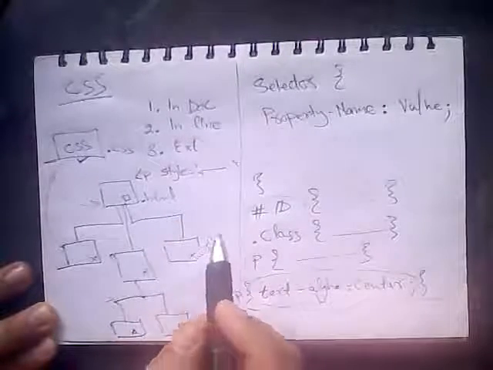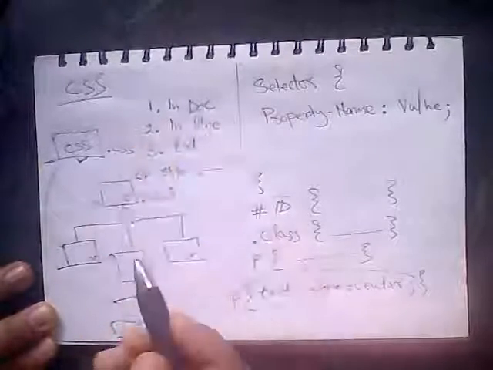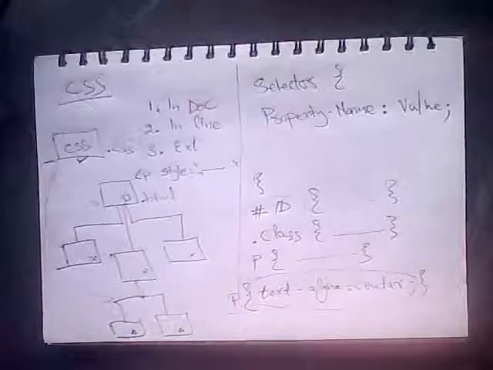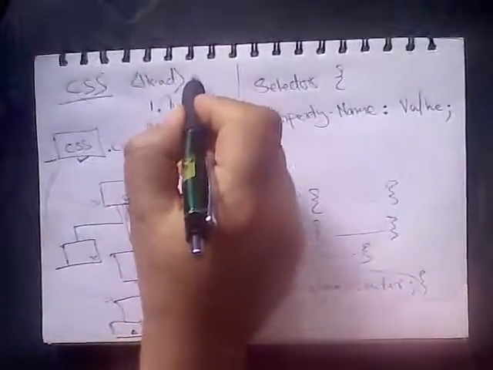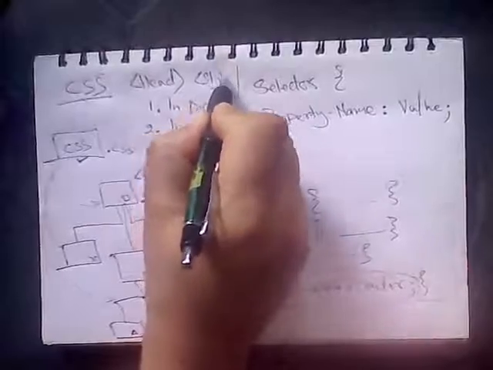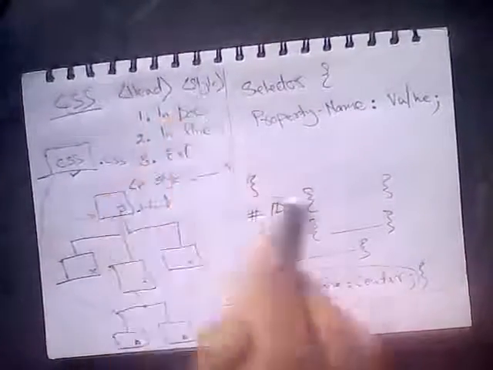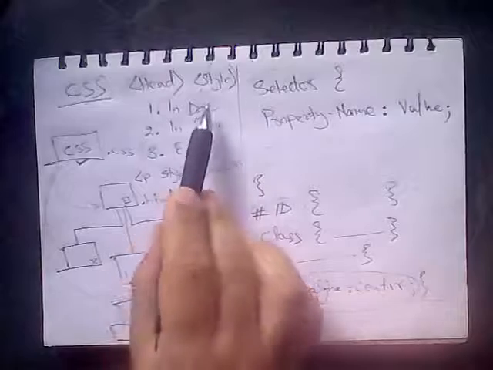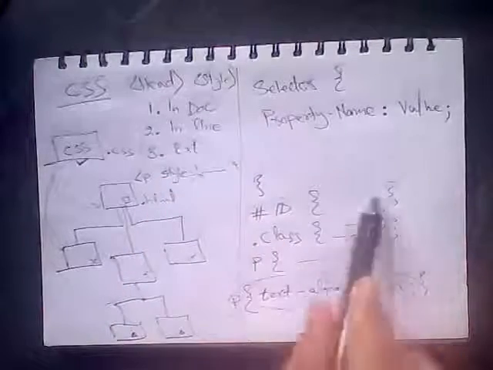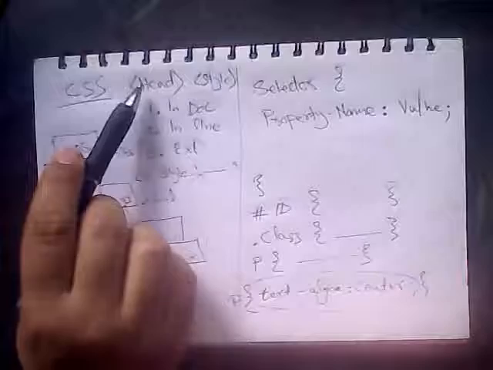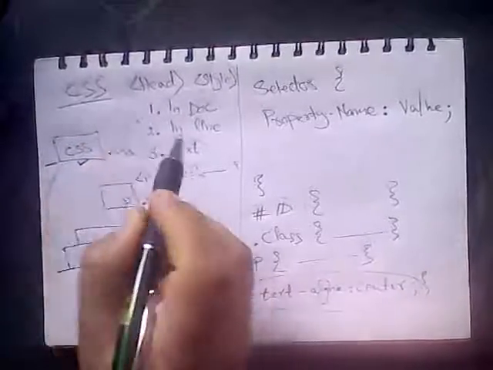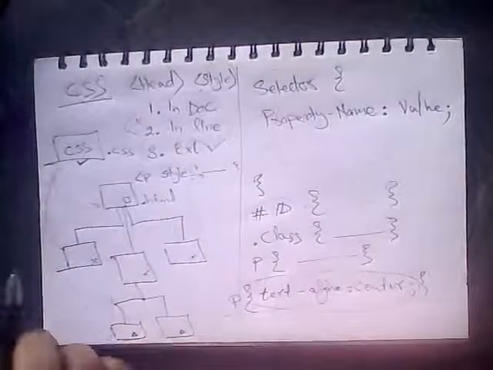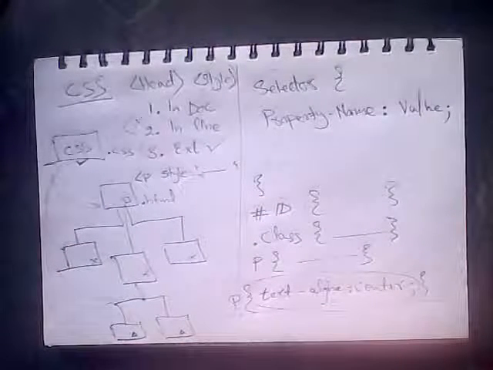And in document, what it means is in the head tag of your HTML, you create a tag of style, and then you use inside the style tag all the CSS code, and then you use it inside that specific file, which is also not recommended. These two are not recommended. This is very much recommended. So let's jump in and see it a little bit in the code.